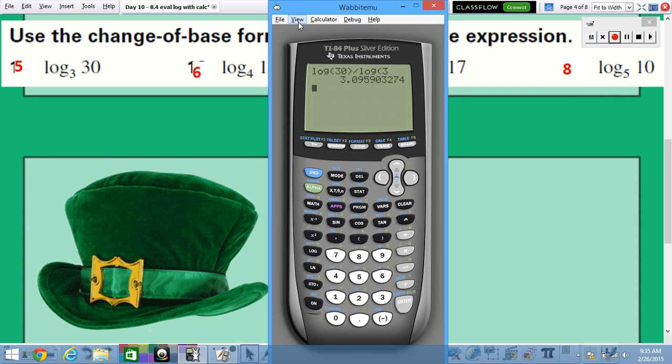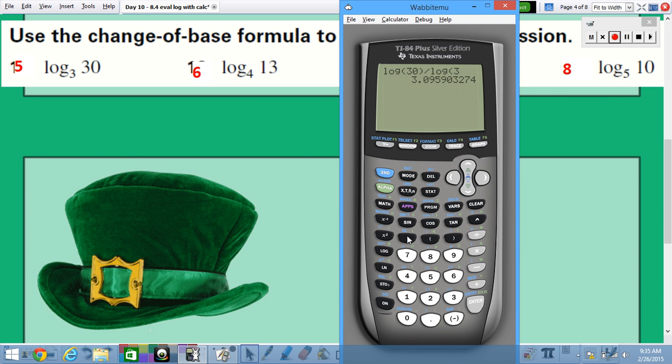Then the next one is log of 13 divided by log of 4, and you get 1.5850.